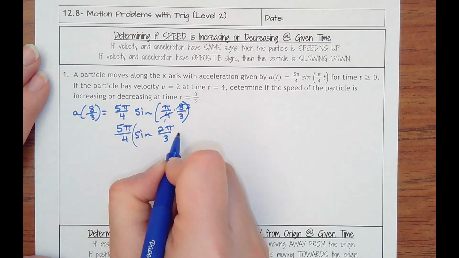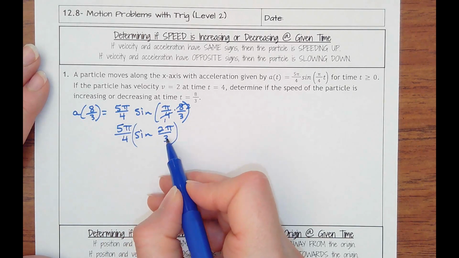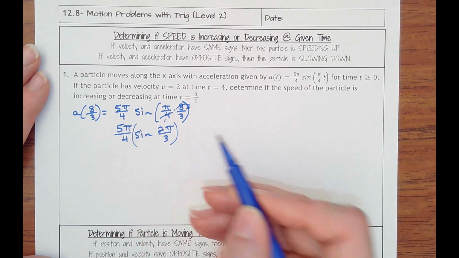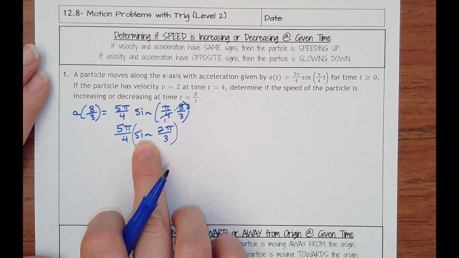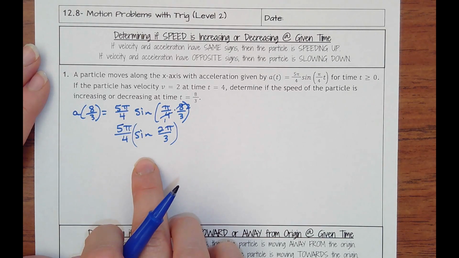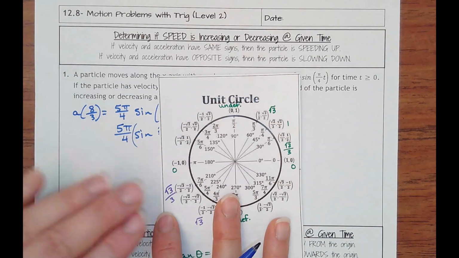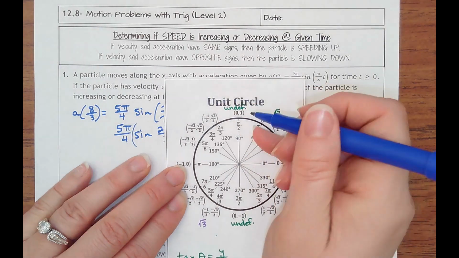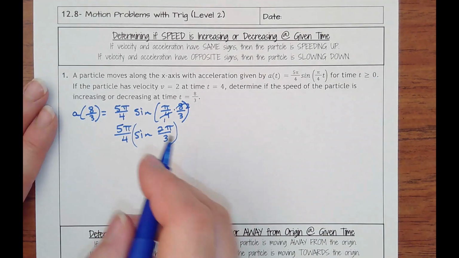Again, I can think of pi, or 180 degrees, divided by 3, that's your 60. So 2 60s is 120, but either way I know sine is positive in quadrant 1 or 2 because it's a y value. And sine of 60 is square root of 3 over 2. So at 2 pi over 3, my y value is a positive square root of 3 over 2.